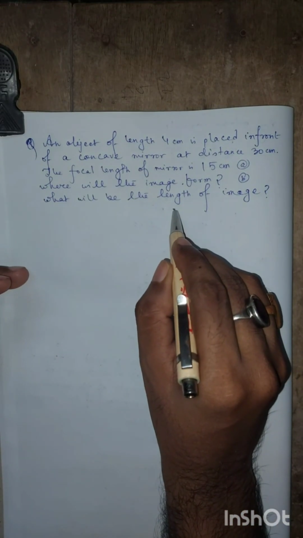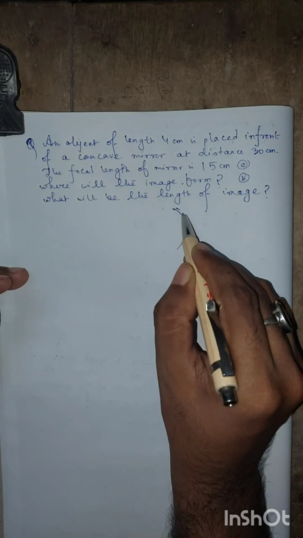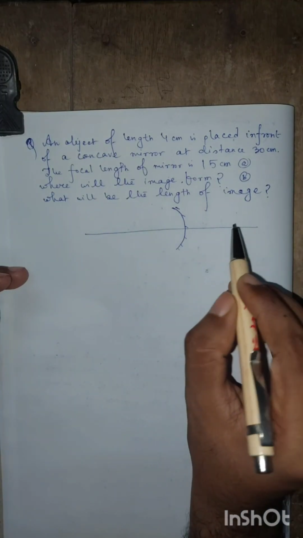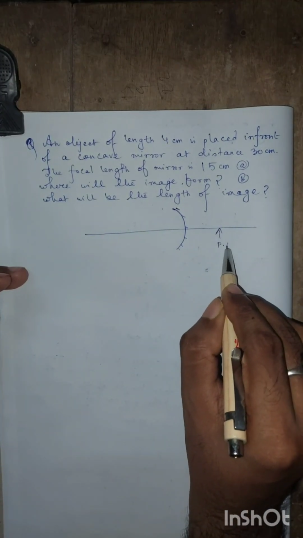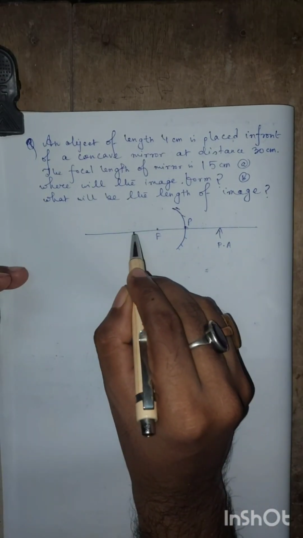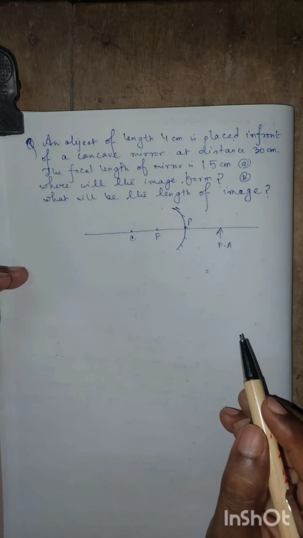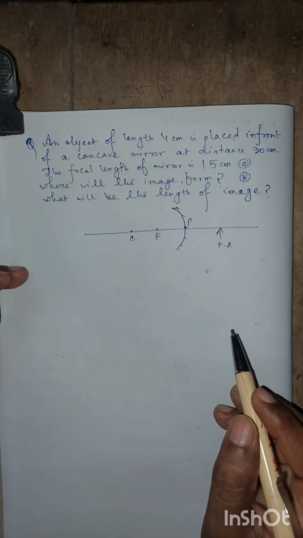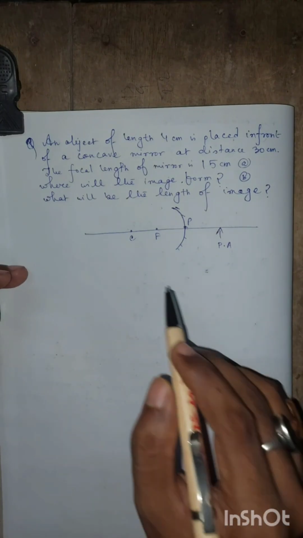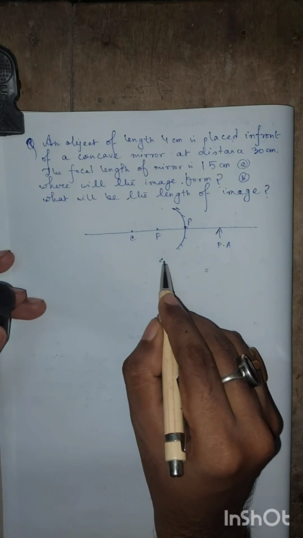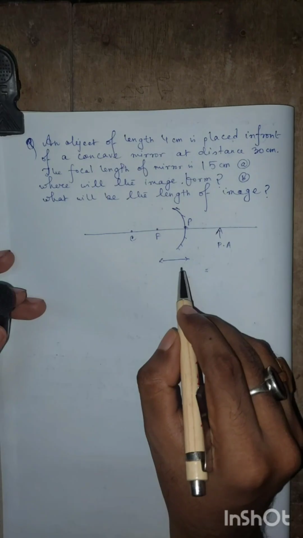We know for a concave mirror, the object is placed at a distance of 30 centimeter. Okay, so the focal length is given, which is 15 centimeter.